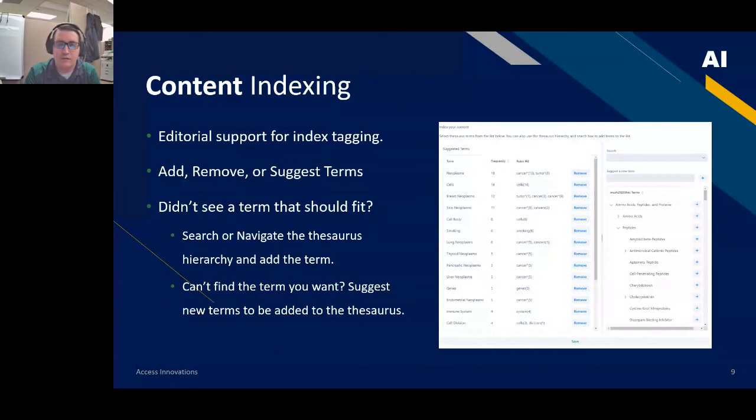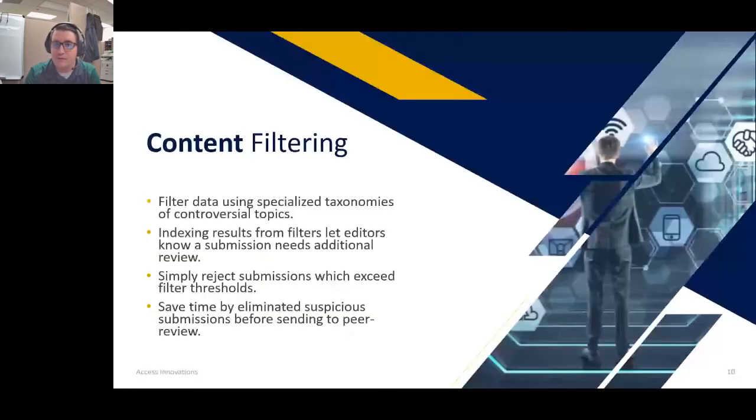Content filtering is a newer feature that we're introducing into Smart Submit. It supports specialized taxonomies of controversial topics to help flag content for something that you might not want to have published. For instance, if you had suspect science, like an area of science that wasn't pertinent or wasn't a good fit, you could flag it for additional review for your editors before sending it out to peer review.